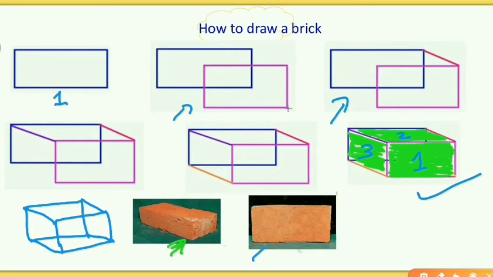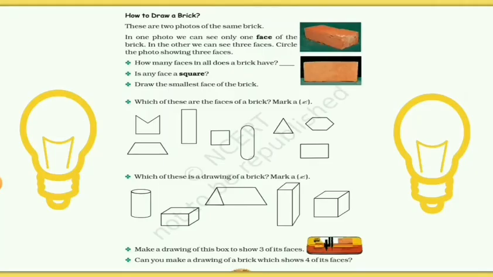In the second figure you can see only one face of the brick, because you are viewing it from the top or from one part only. So this is how we can draw a brick.